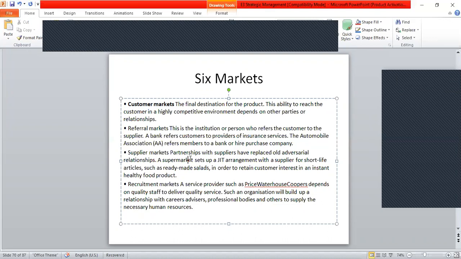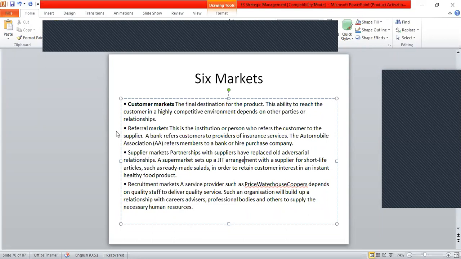This ability to reach the customer in a highly competitive environment depends on other parties or relationships. After producing the product, finally it has to reach the customers. It is not a mere production activity which ensures that they have completed their sequence of activities. The final destination is the customer to whom the goods should be delivered.